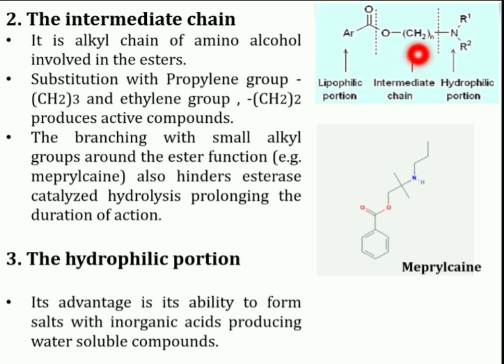Next, ethylene, while methylene group makes the compound too irritant. The branching with small alkyl groups around the ester function, as in case of meprylcaine, hinders esterase catalyzed hydrolysis, which results in increase in duration of action.